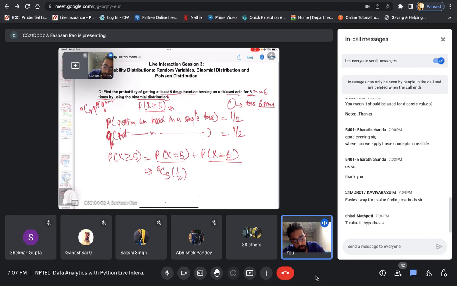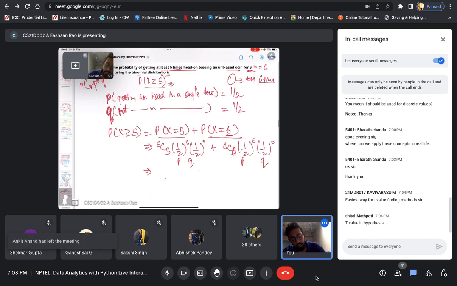So 1 by 2 raised to 5 and 1 by 2 raised to 1. In this case 6C5, and 6C6 for x equal to 6, 1 by 2 raised to 6 and 1 by 2 raised to 0. This is p, this is q. So if we try to solve this, you will get some value of 7 by 24.